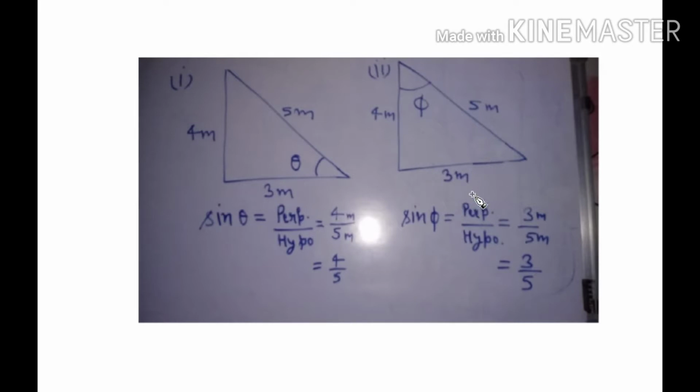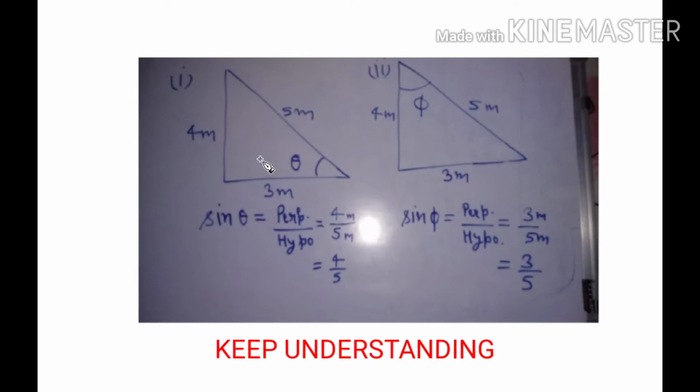For the second triangle the side lengths are the same, but the only difference is that in question 1 I am taking theta on the base 3, and in question number 2 I am taking phi on the base 4. Understood? And we are going to calculate the value of sine theta for the first case and sine phi for the second case. So let us see.